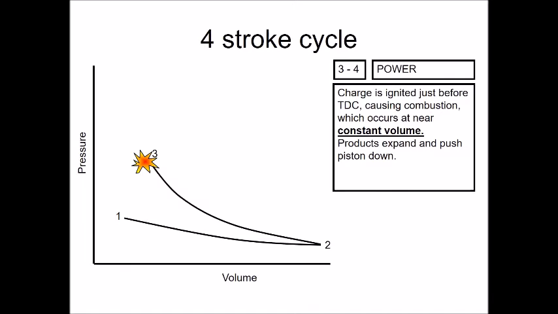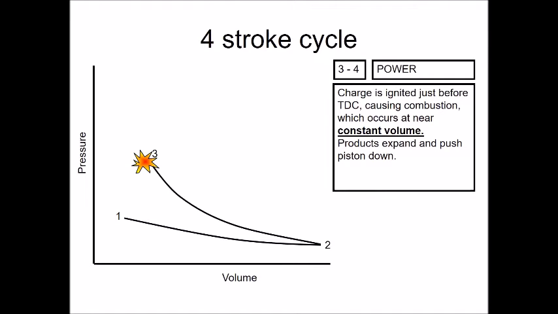In the case of a 4-stroke cycle for a gasoline engine, what we get is something called constant volume combustion. So the combustion process occurs whilst the piston isn't really moving. We're going to talk about that later anyway. We just need to get the shape right. So the piston does continue to move up a little bit, but then it goes past top dead center and starts to move down, because we're now acting on the piston itself.